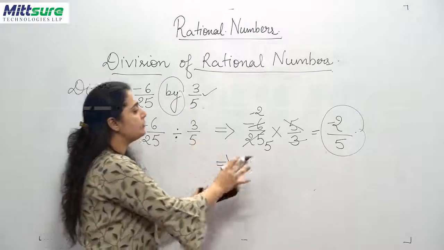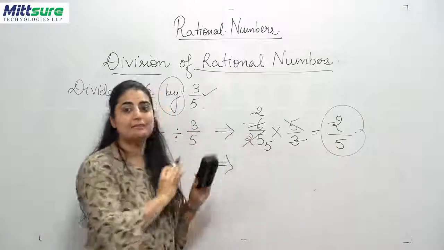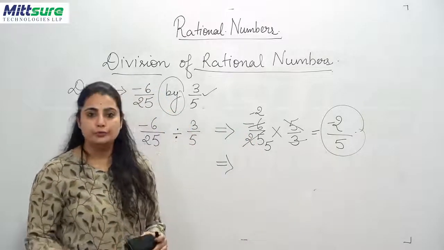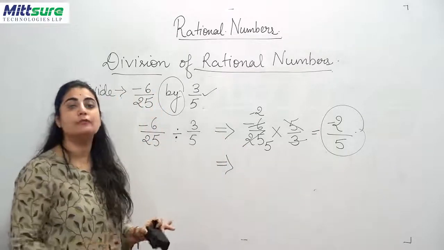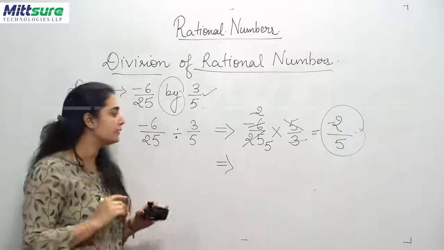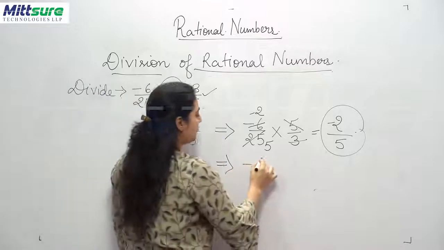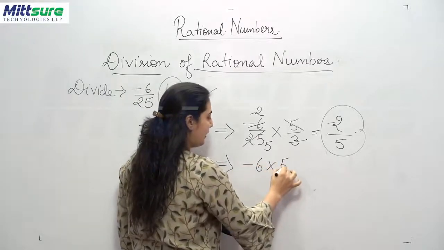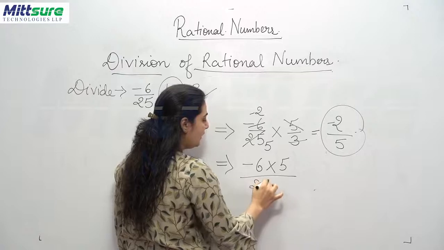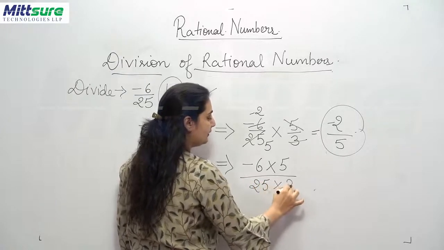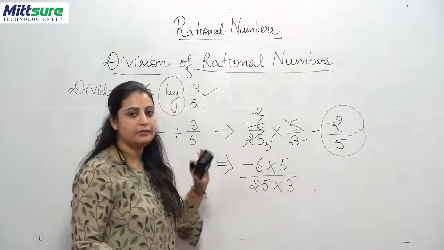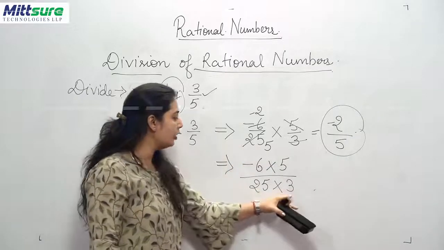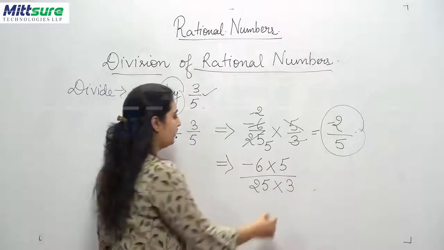Now suppose I do not want to opt for this method, what am I supposed to do? I will be following the regular method of multiplication of rational numbers. So what do I have to do? Minus 6 multiplied by 5 upon 25 multiplied by 3. That means I multiply the numerator with the numerator and the denominator with the denominator.